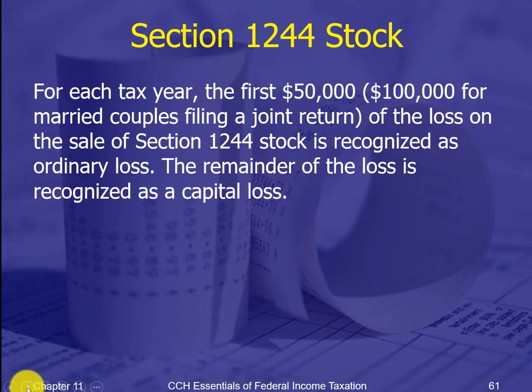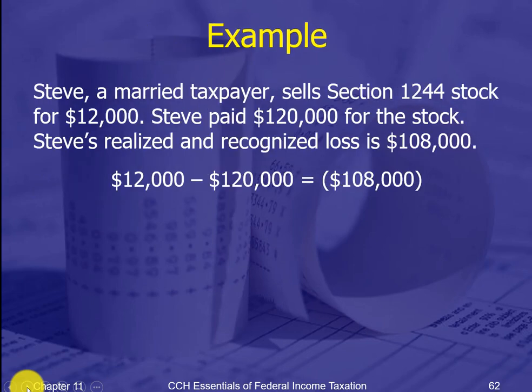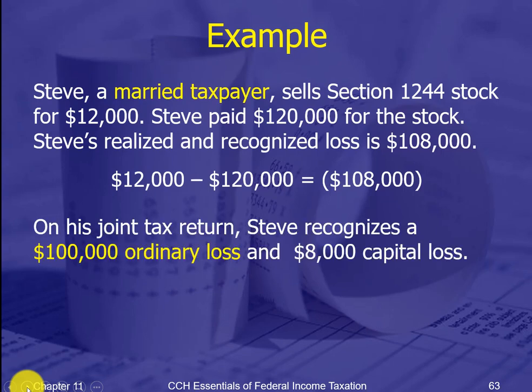So you can actually have an ordinary loss, and you can have a much higher amount. As long as it qualifies, paid 120, loss is 108,000. We could get up to 100,000 because he's married filing jointly. The rest of it is a capital loss.